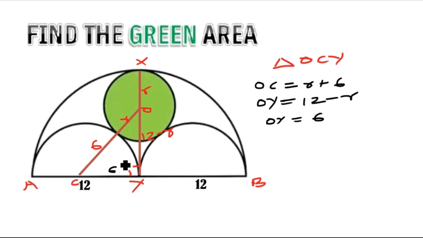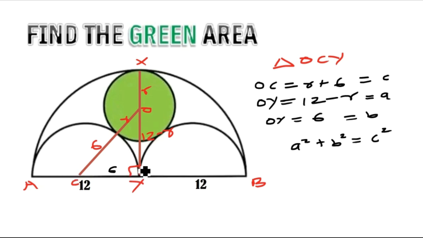So how do we find the relationship between the three sides? We use the Pythagoras theorem. So you can see the hypotenuse is the longest side OC, which we can denote by small c. The two shorter sides become a and b. So according to Pythagoras theorem, a squared plus b squared is equal to c squared, where c is the longest side OC.